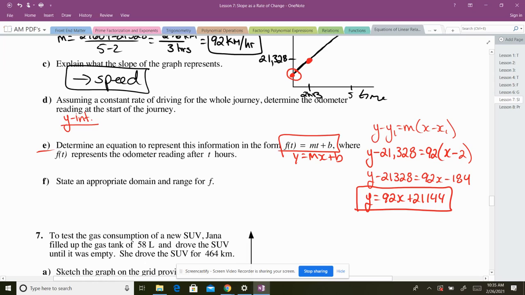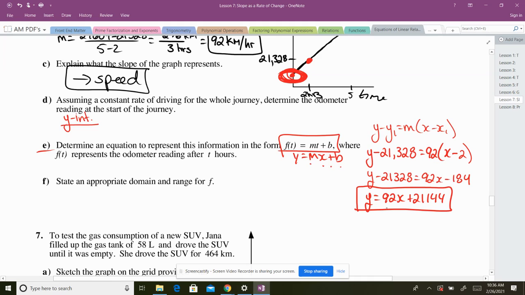So what was the reading in the car before you moved? I'm talking about what is this number right here? The y-intercept. If we have it in y is equal to mx plus b, what's the y-intercept of this graph?